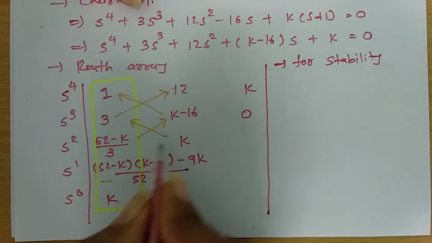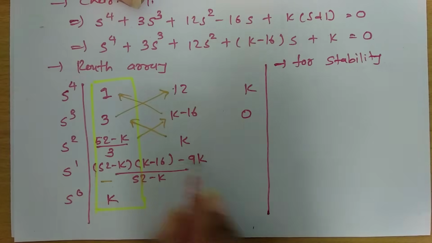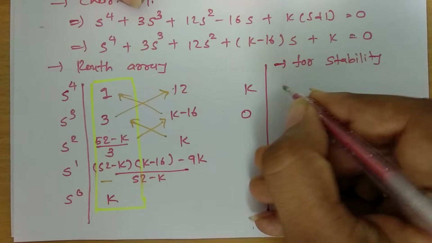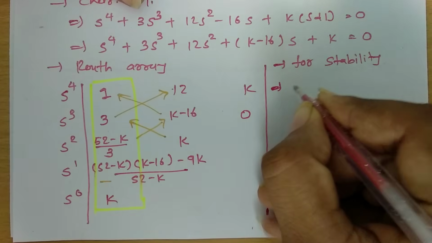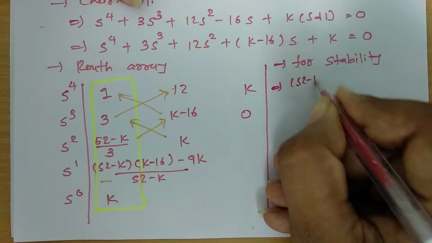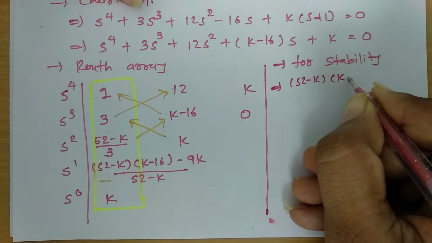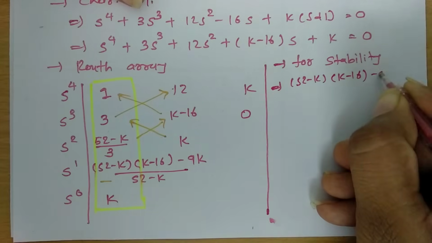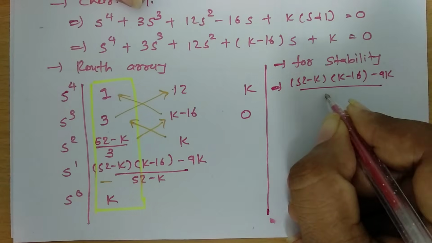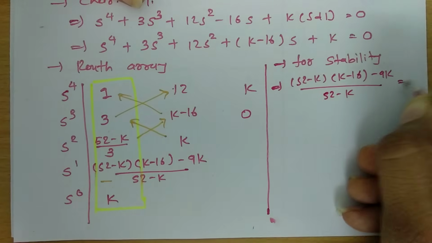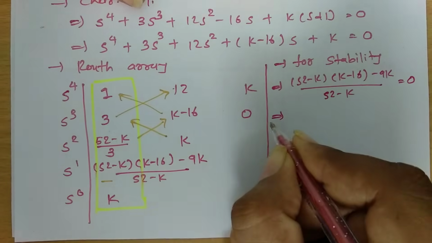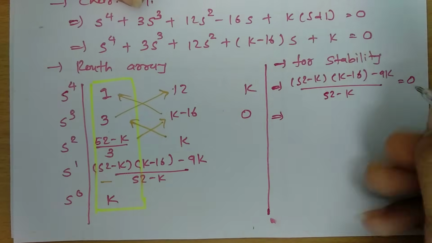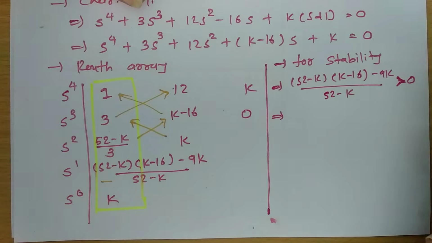Now for this coefficient we'll be calculating the value of k. So for marginal stability, 52 minus k into k minus 16 minus 9k divided by 52 minus k equals 0. Actually, that should be greater than 0.